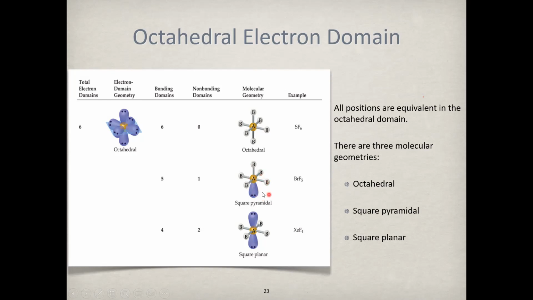If we consider the bottom one being the one that gets replaced with a lone pair, we're going to say it's a square pyramidal shape because we've still got the square around that equator, and we just have a single axial atom. So when we're looking at the molecule, we wouldn't be able to see this lone pair at the bottom. We would just see a square with one atom coming off the top.